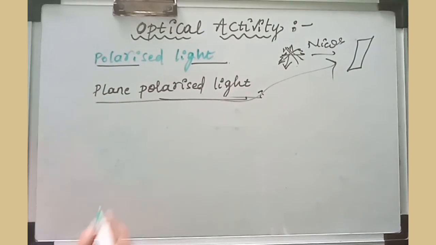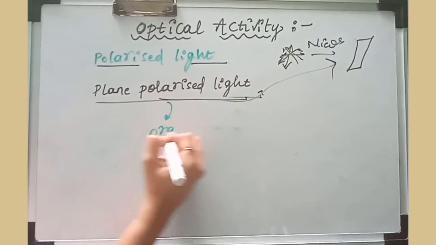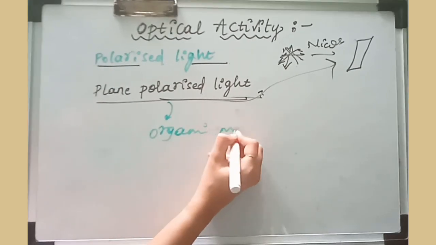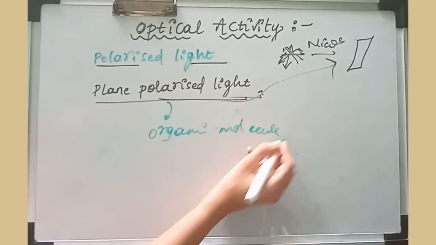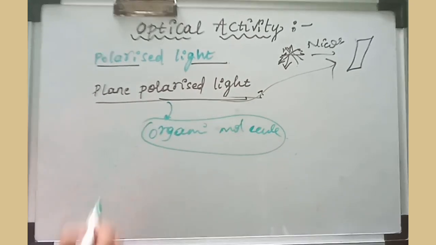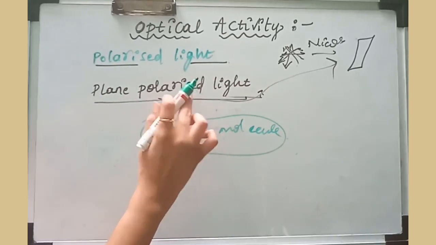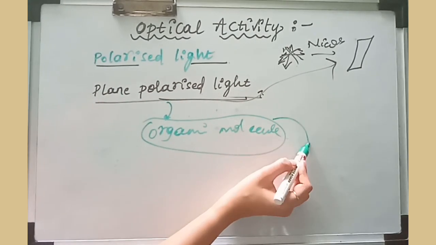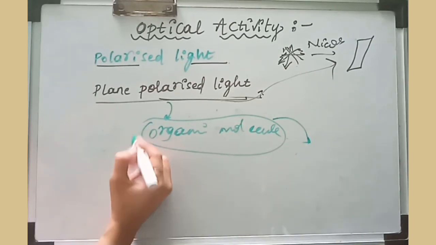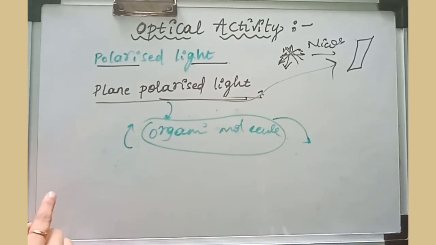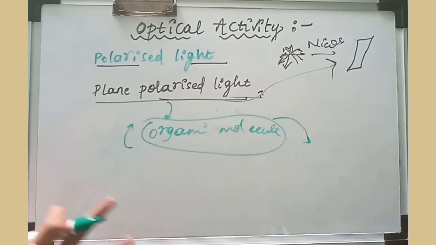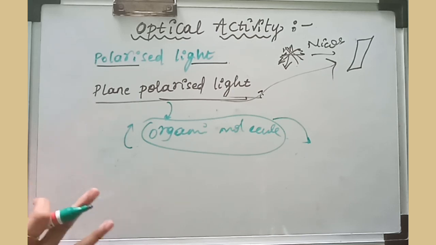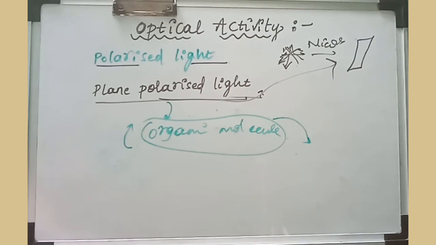When I react this plane polarized light with organic molecules, these organic molecules rotate the plane of polarized light either in the clockwise direction or in the anti-clockwise direction. So this phenomenon, where the molecule rotates the plane polarized light in a clockwise or anti-clockwise direction, is showing some activity.